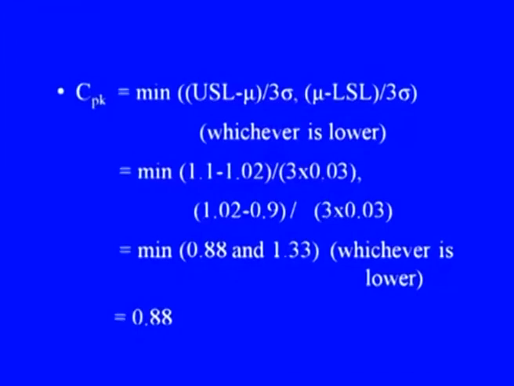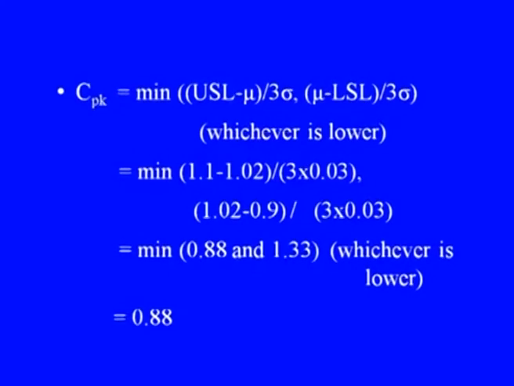On the other hand, Cpk for the same values can be calculated as the minimum of upper specification limit minus mean by 3 sigma, and mean minus lower specification limit by 3 sigma, whichever is lower, and this comes out to be 0.88.